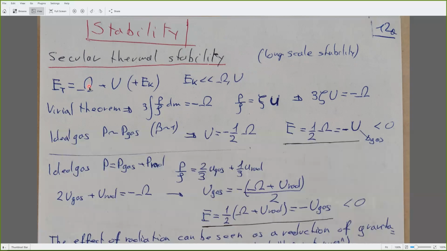Plus the internal energy, which is strictly positive, never zero, because you cannot go to absolute zero, plus the macroscopic kinetic energy.